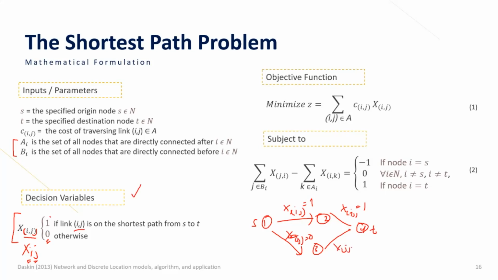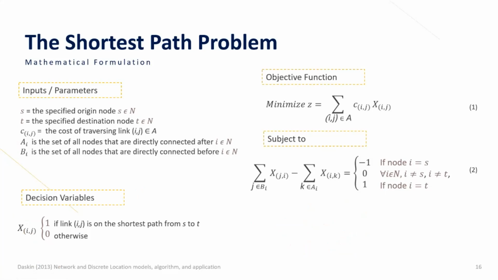Xij here should be 0. Then based on that information, we can formulate the objective function as the total cost of the path that you are using to get from your start to finish node.